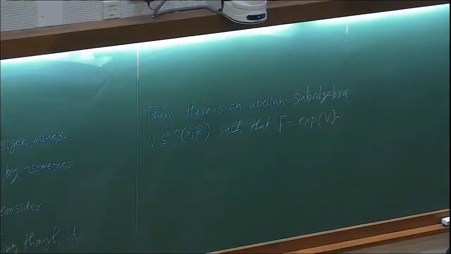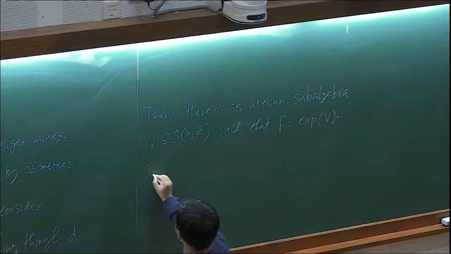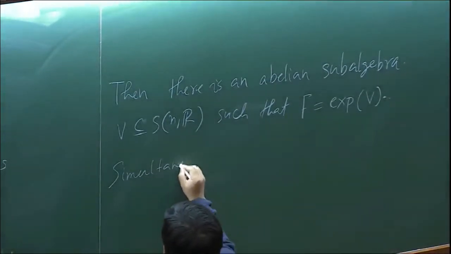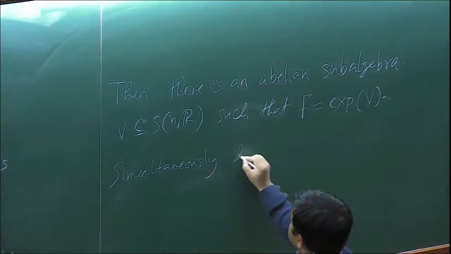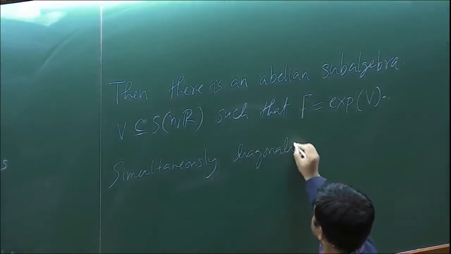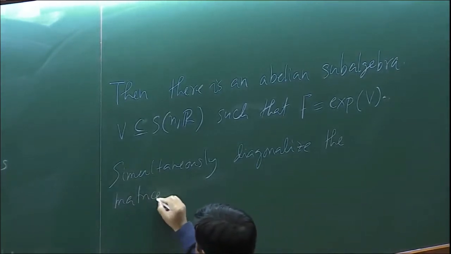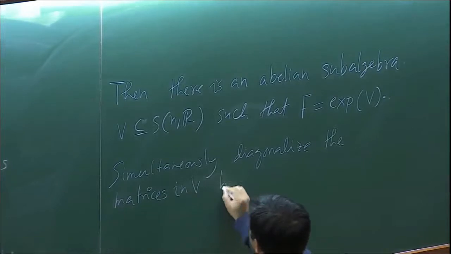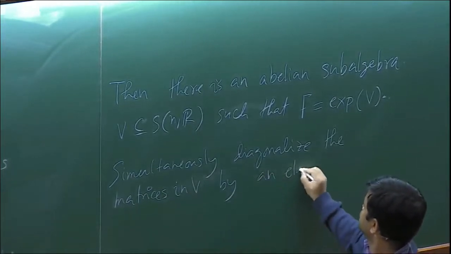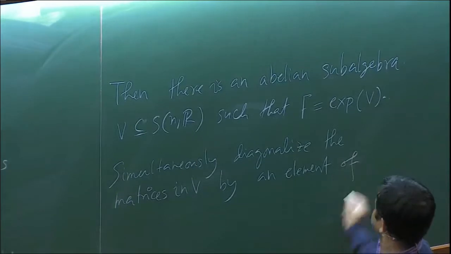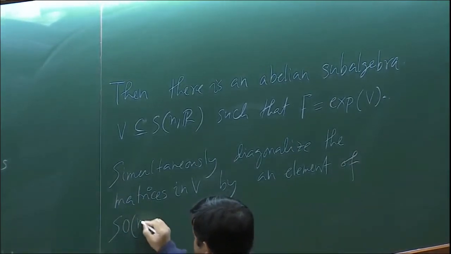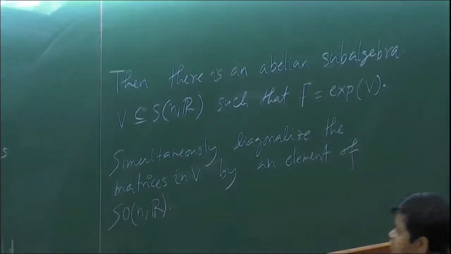So now V has some commuting set of matrices, and all of them are self-adjoint. So therefore, I can simultaneously diagonalize them. Now, simultaneously diagonalize all of this. Diagonalize matrices inside V by some element of, let's say, S1. Okay.